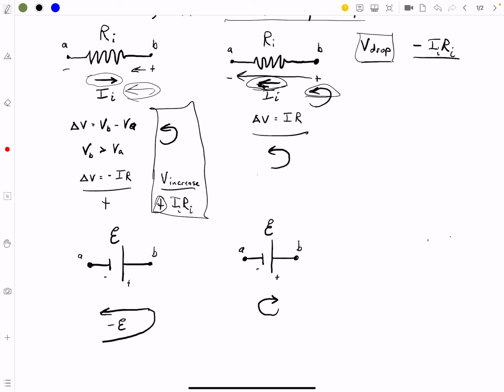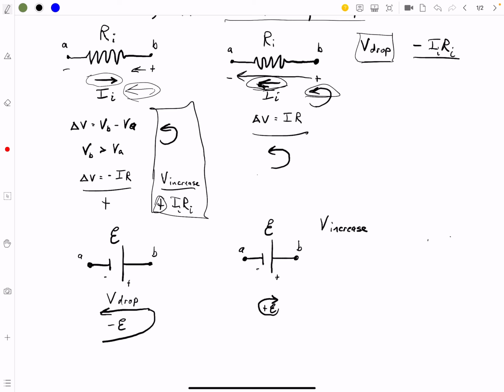That gives us a positive EMF because this is definitely a voltage increase in this direction, and this is a voltage drop in that direction. Okay, and that's how you do the loop rules.